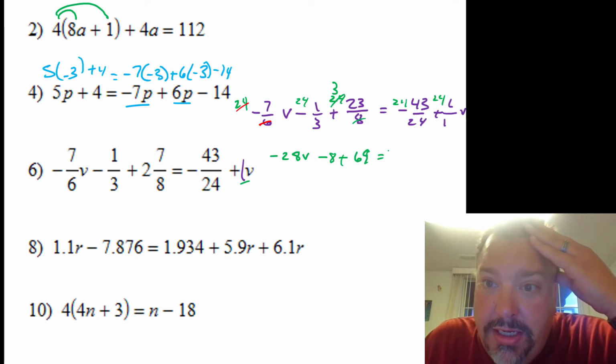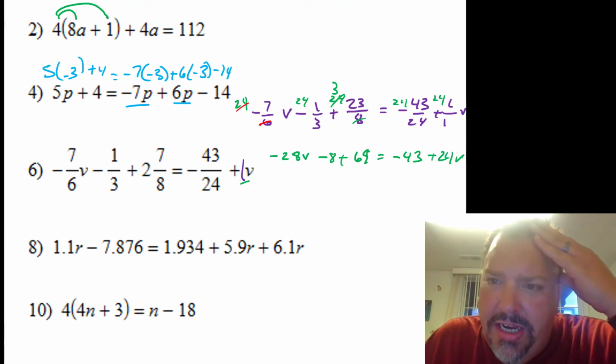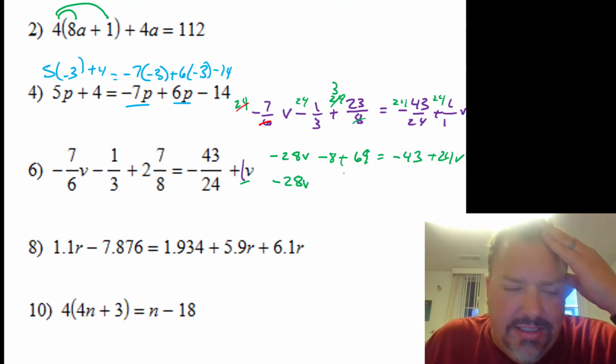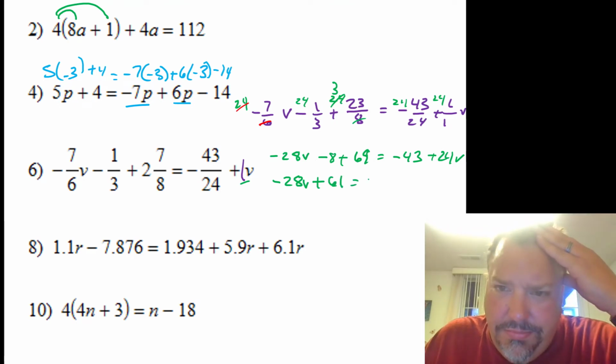Then we go over here. 24 divided by 24 is 1. So it's going to be -43, and that doesn't have any v's with it. And then we got 24v here. On the left here, we can combine some like terms. So we can put the -8 and the 69 together to get plus 61.